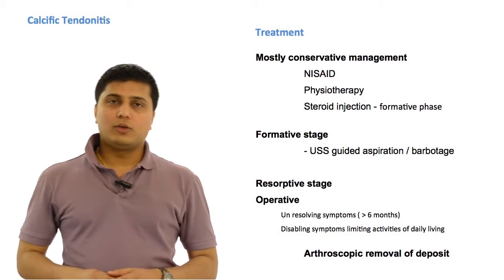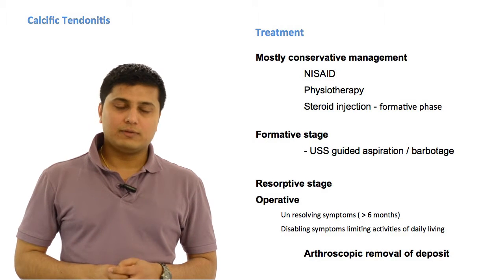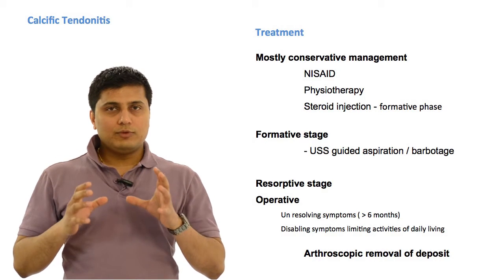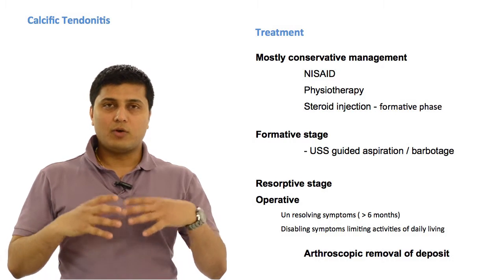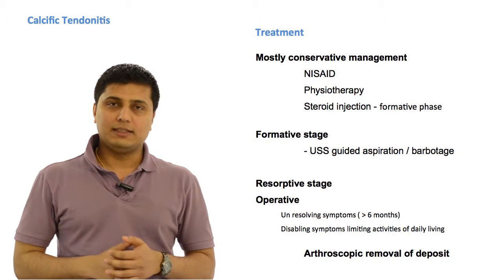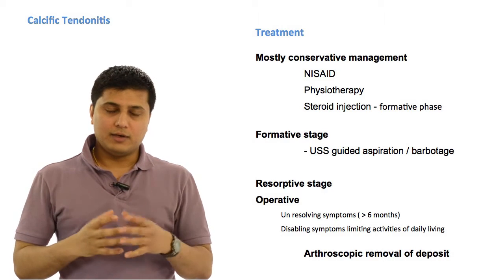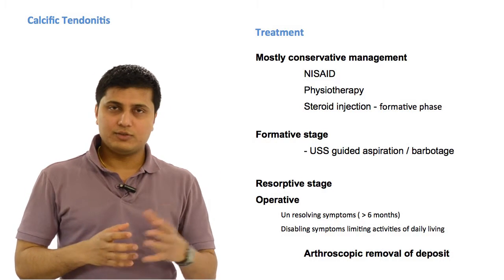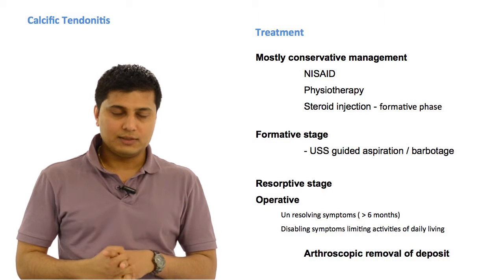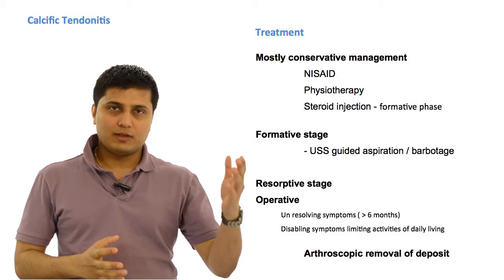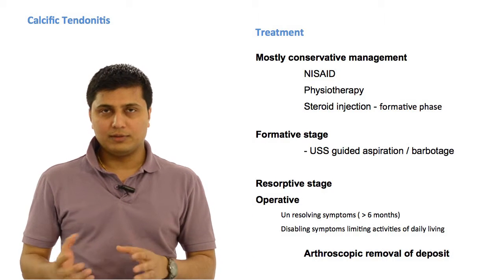Let's look into the treatment of acute calcific tendinitis. Treating calcific tendinitis depends on what stage of the disease it is in the radiographic findings, whether it's a formative stage or a resorptive stage, and also on the clinical features. There are two options: non-operative methods and operative methods.